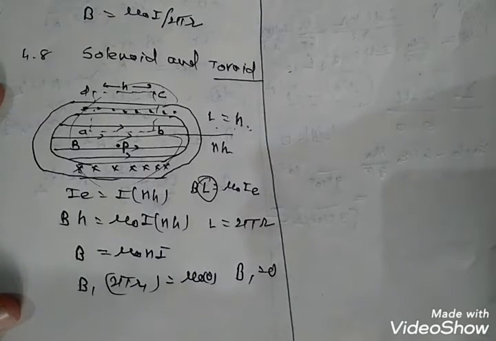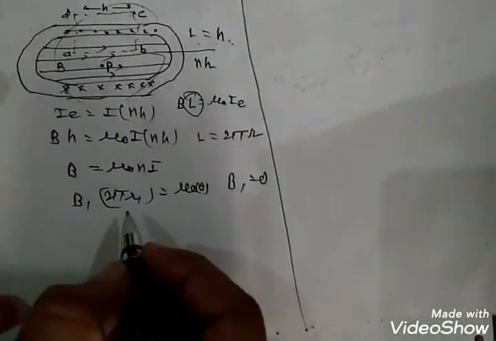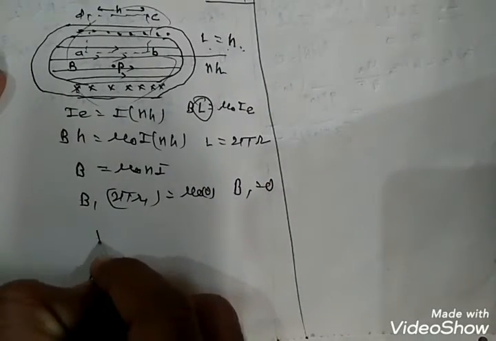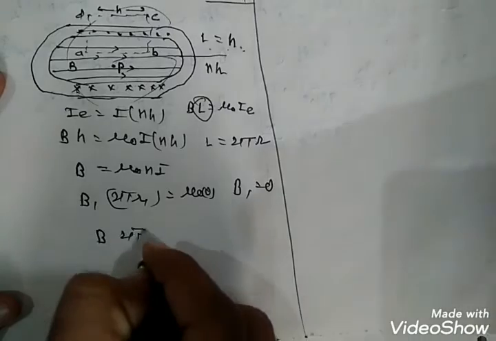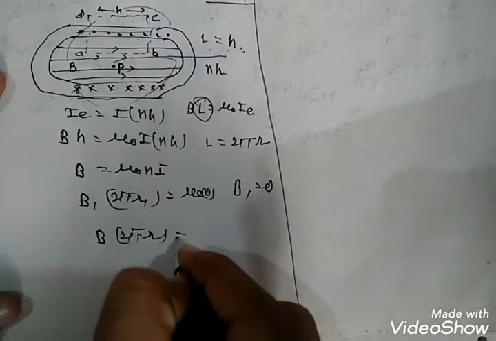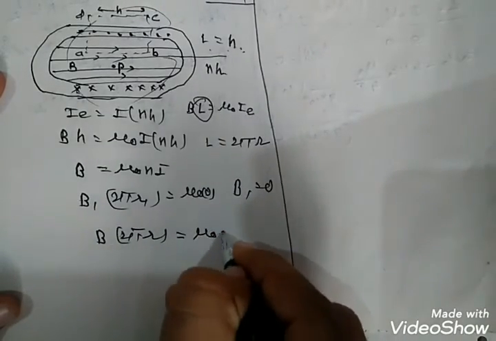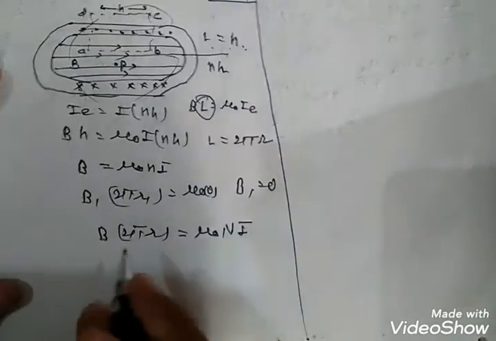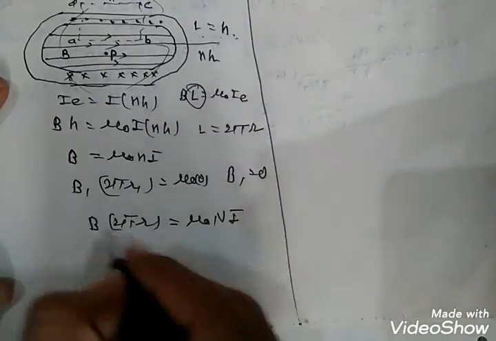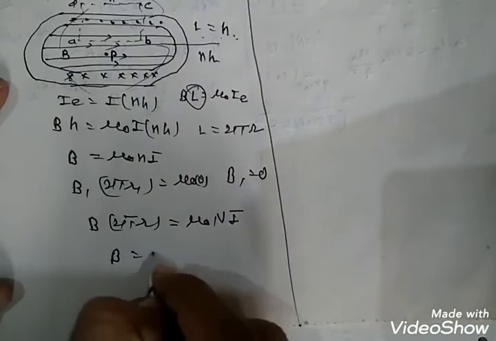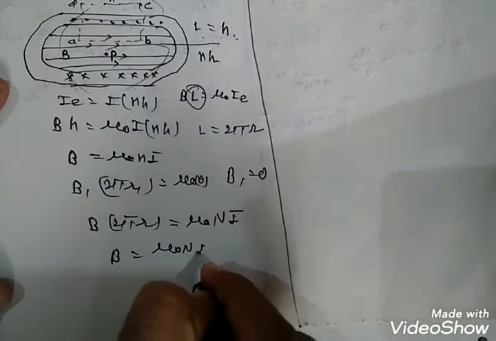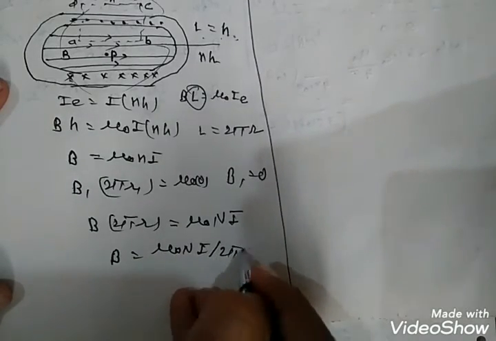In the same way, the current enclosed is N I for the toroid. B 2 pi r is equal to mu 0 N I, so finally B is equal to mu 0 N I upon 2 pi r.